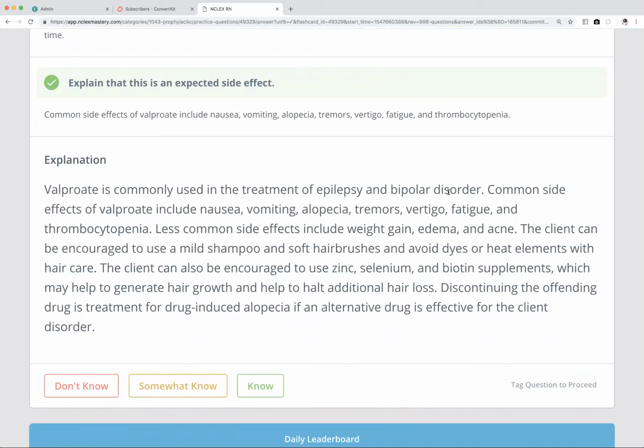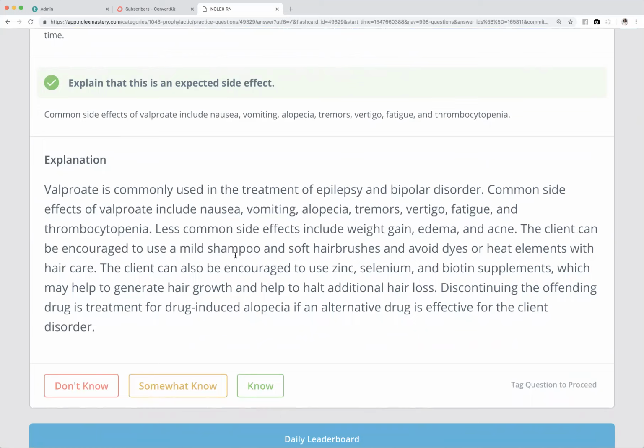So this is the classification of the medication, epilepsy for seizures, most commonly used for seizures, and bipolar disorder, okay? Then you got a long laundry list of common side effects, and then you got adverse side effects. Less common side effects, which just means adverse, include weight gain, edema, and acne.